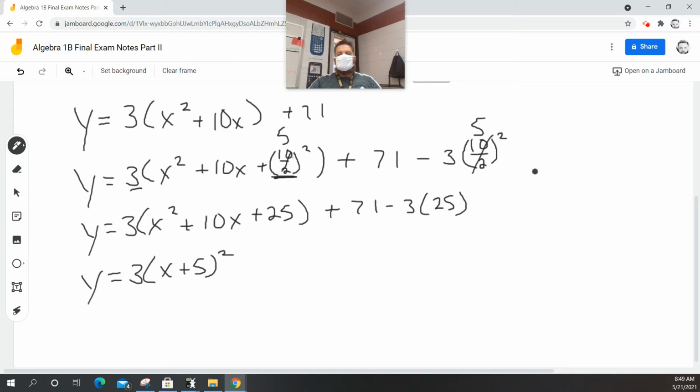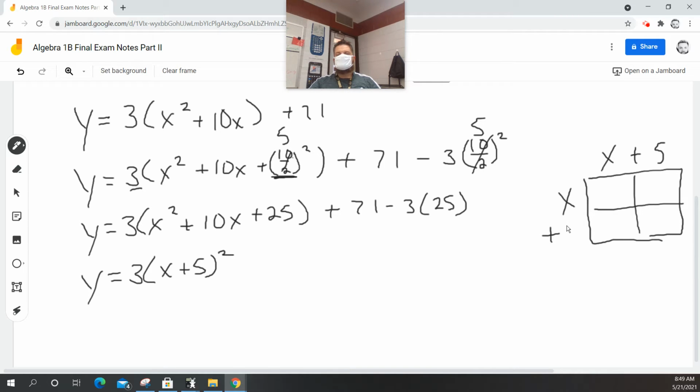How do I know? Because x plus that half of the middle term, x plus 5, times x plus 5 is x squared, plus 5x, plus 5x, and then 5 times 5 is 25. And if I add the middle terms, I get 10x.